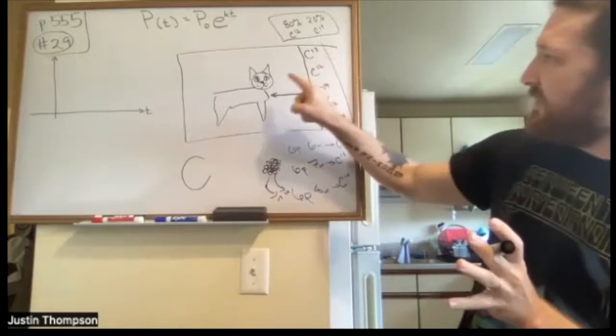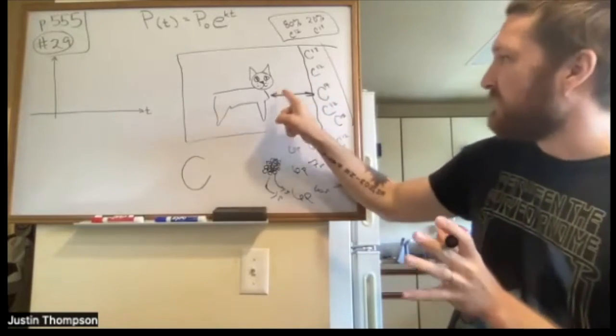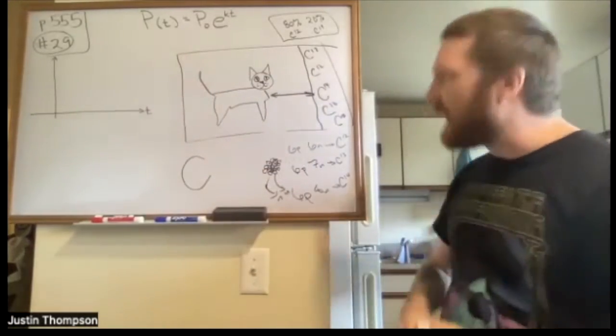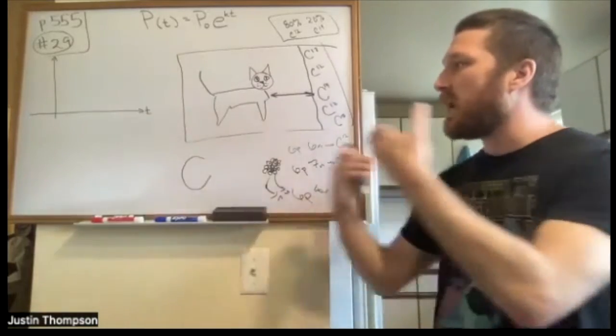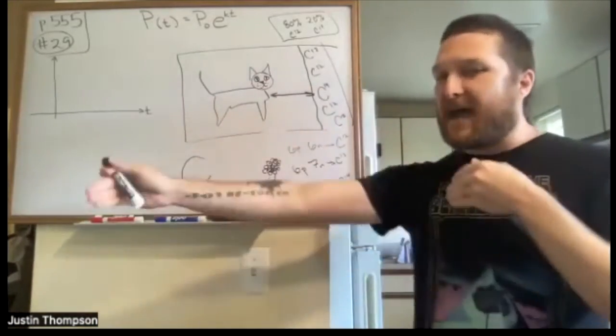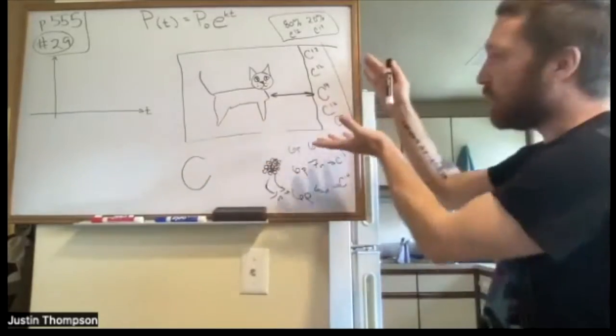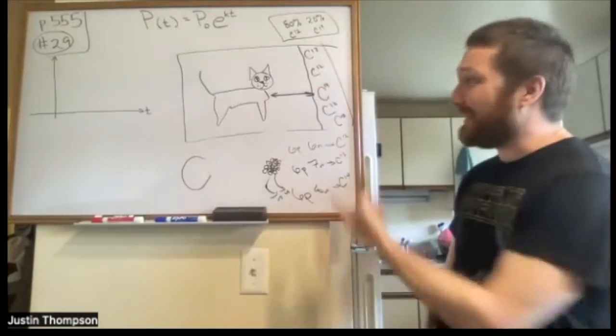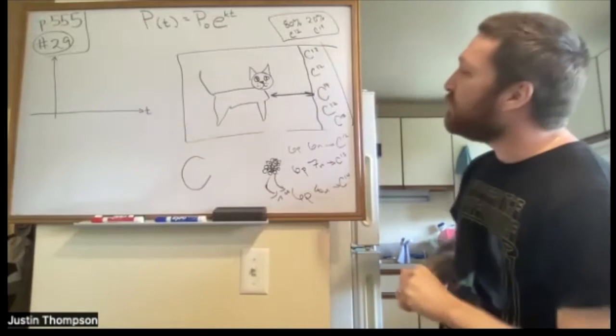Well, this is what this is all about. This cat, or whatever it is, now it's a cat. This cat is alive. And so it is constantly exchanging its atoms with the atoms in the larger world, in the atmosphere, through the food that it eats.